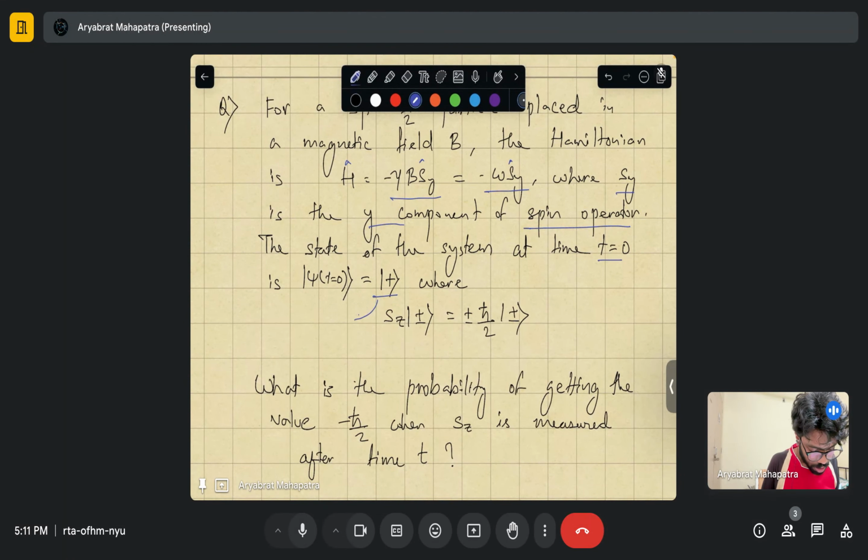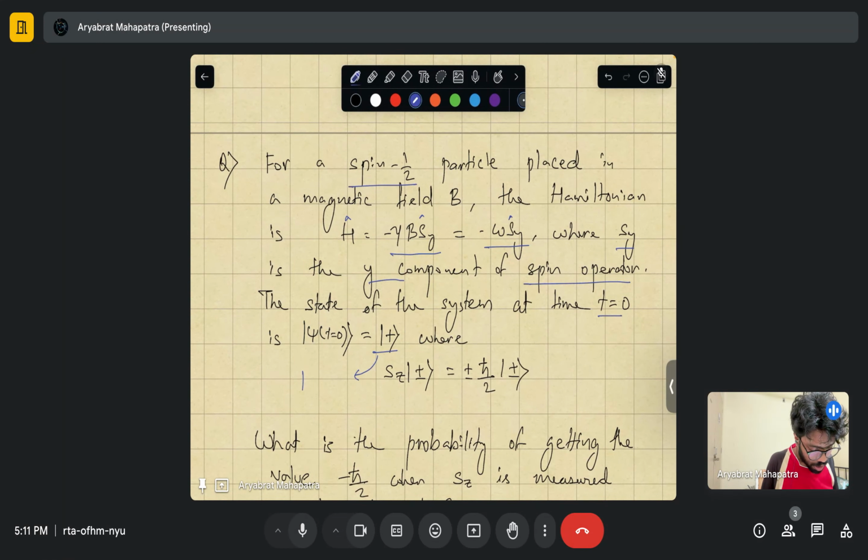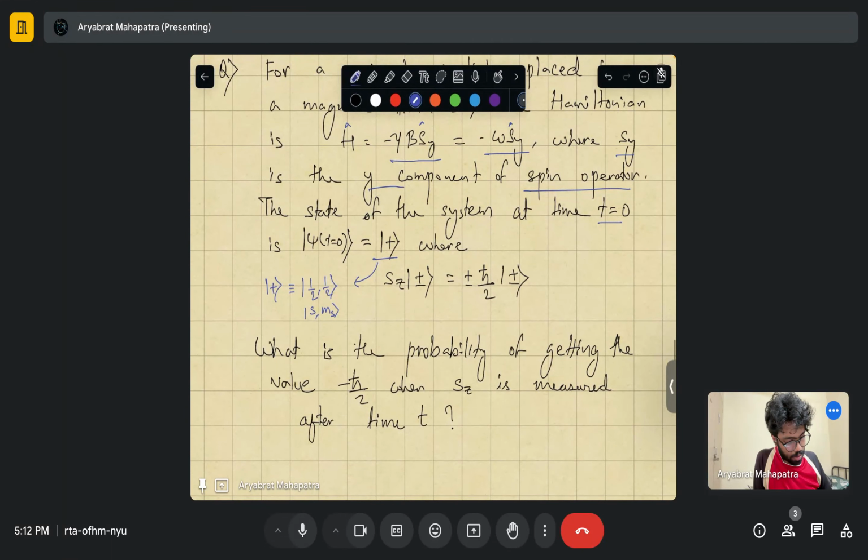This basically denotes that we are doing it for a spin-half particle. For a spin-half particle, this plus state basically denotes half and half. So this is your S and this is your m_s.